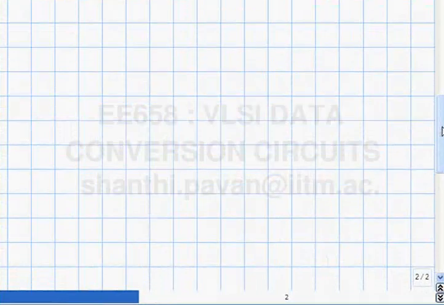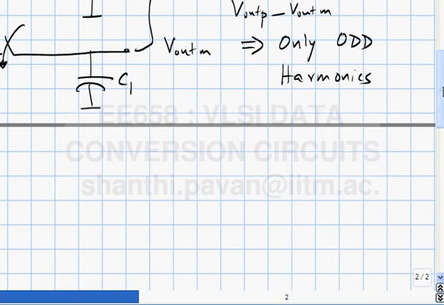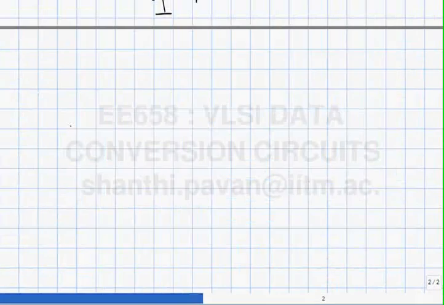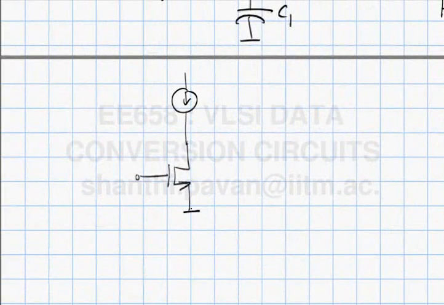The next thing is, given any single-ended schematic, it is in general possible to copy paste the schematic on the side and operate one circuit with VCM plus VD, operate the other circuit with VCM minus VD, look at the outputs, take the difference and you are all set. One example that you have seen already is the common source amplifier with an active load, a current source as the load resistor, so as to get large gain.